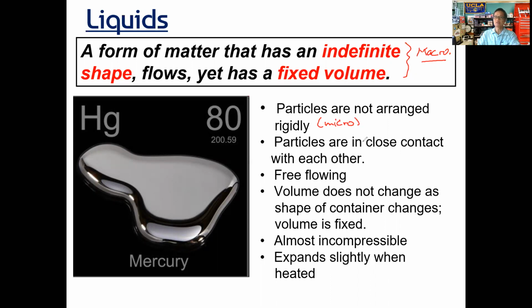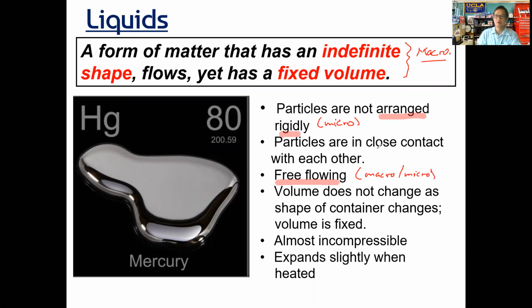They're not arranged rigidly, and that's going to be fairly important for us in just a moment. This leads to what we refer to as flowing. The particles are free flowing. This represents a macroscopic and a microscopic property of liquids that we can talk about.